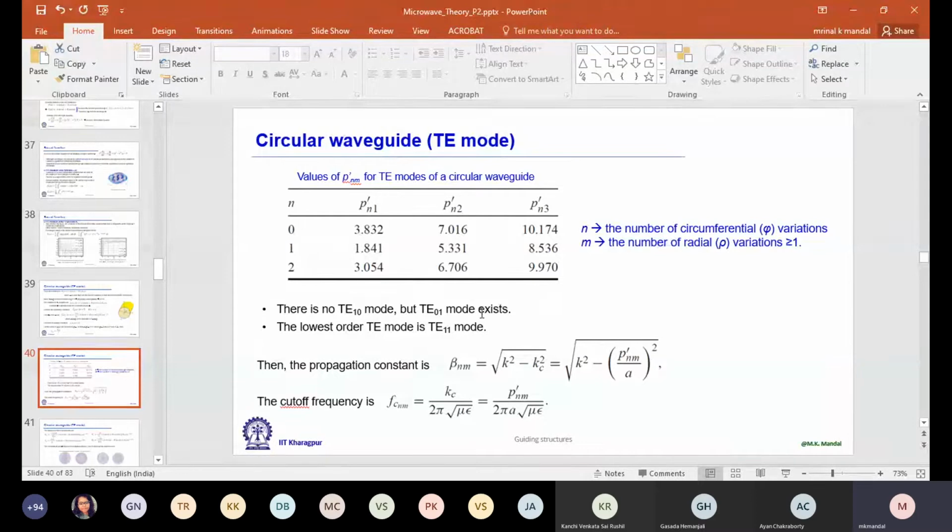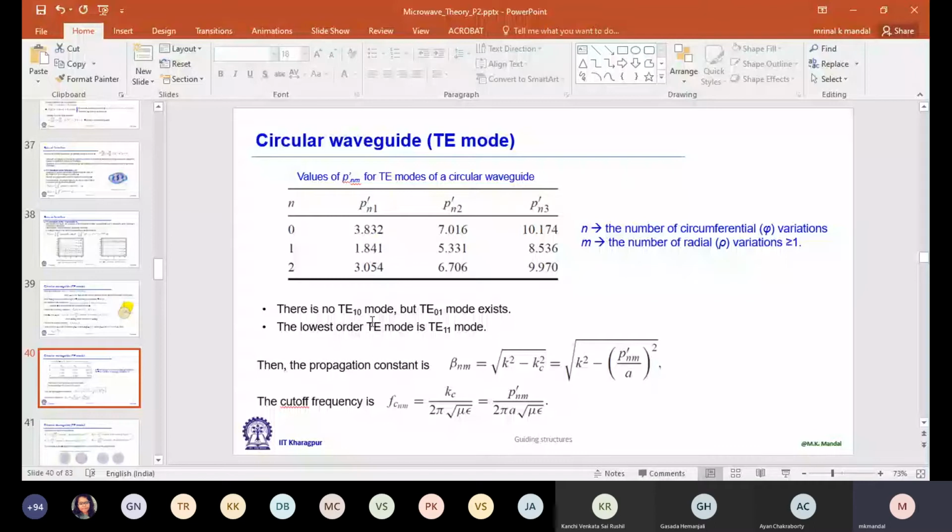If I compare the values in the chart, for n equal to 1 and m equal to 1, it is 1.841. So the lowest mode will be TE11, n equal to 1, m equal to 1. So TE11 is the lowest order TE mode.